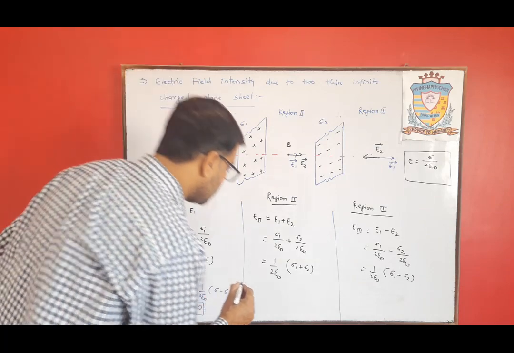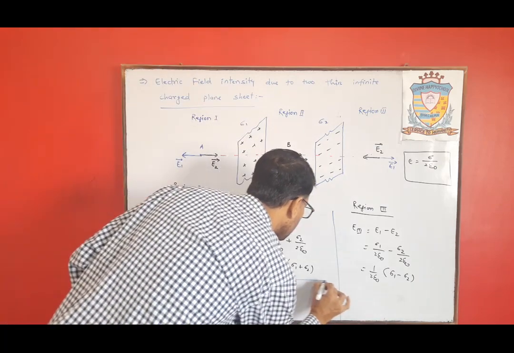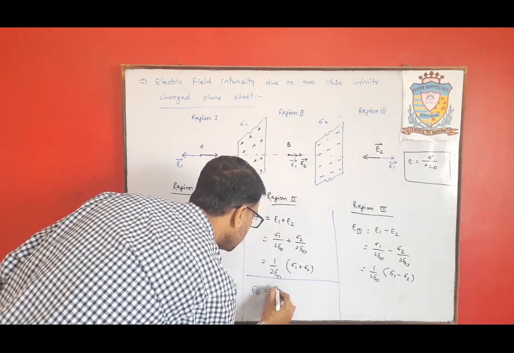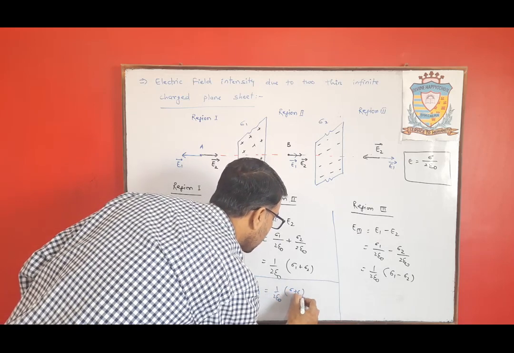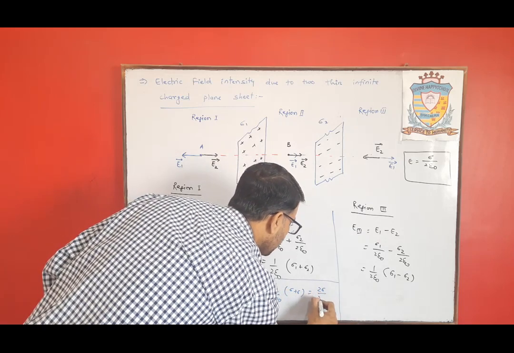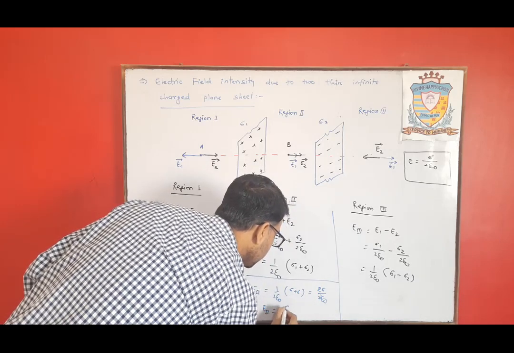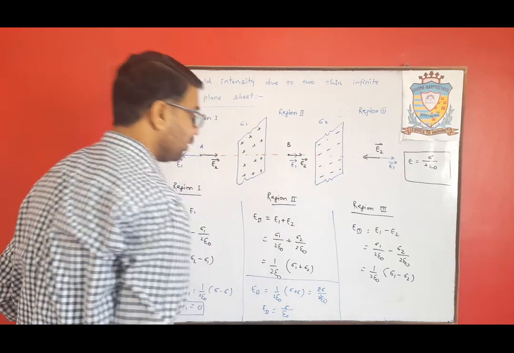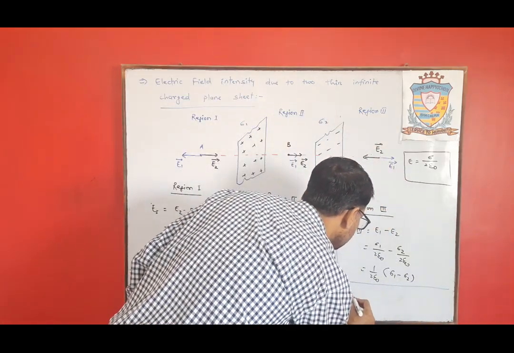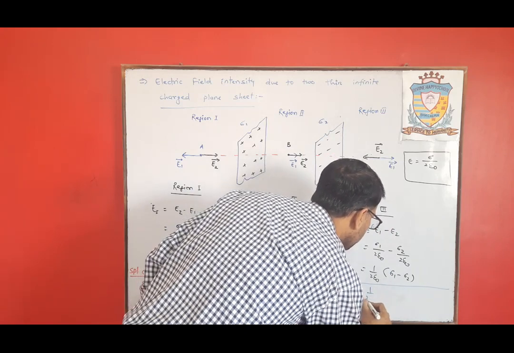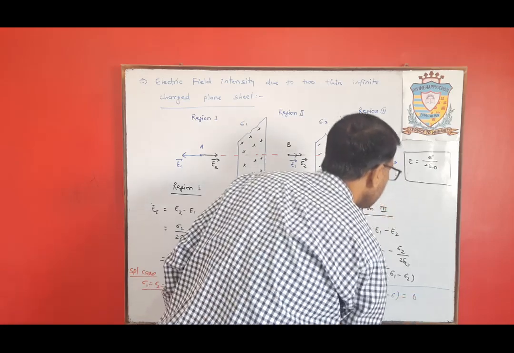The E in region 2, in this special case, is equal to 1 upon 2 epsilon naught times sigma plus sigma, which is 2 sigma upon 2 epsilon naught, the 2 cancels, so E in region 2 will be sigma upon epsilon naught. And E in region 3 is equal to 1 upon 2 epsilon naught times sigma minus sigma, which is again 0.